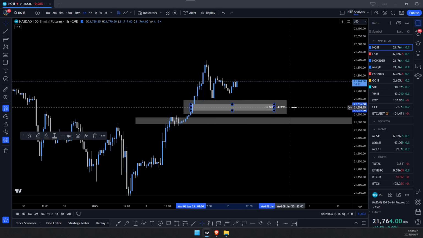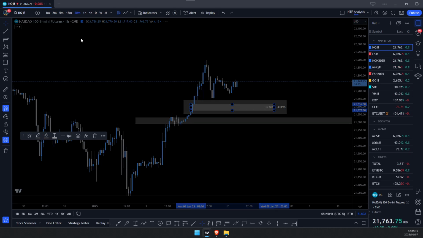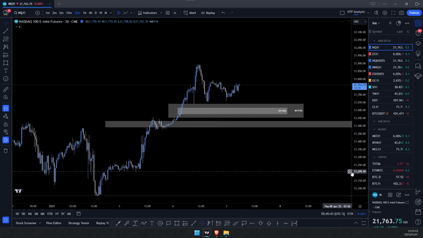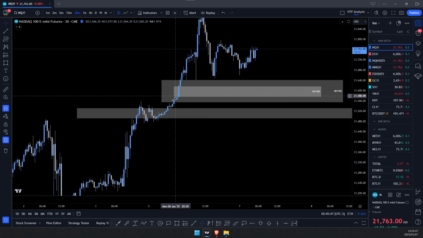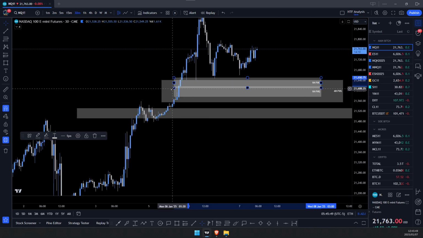Right, so we've got an overlapping 4 hour and 1 hour FVG. And if we go down to the 30-minute, we'll notice that there's another imbalance right there.